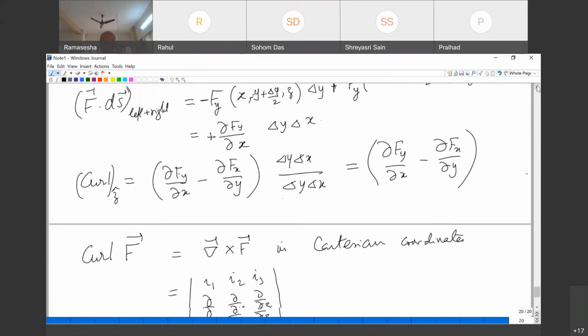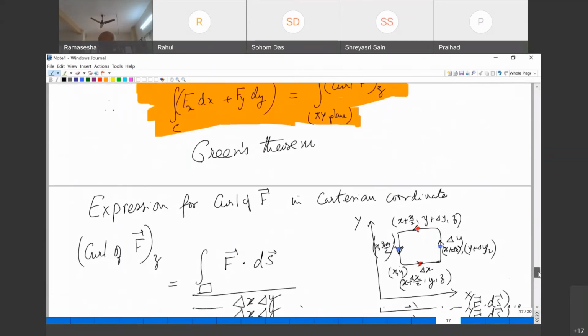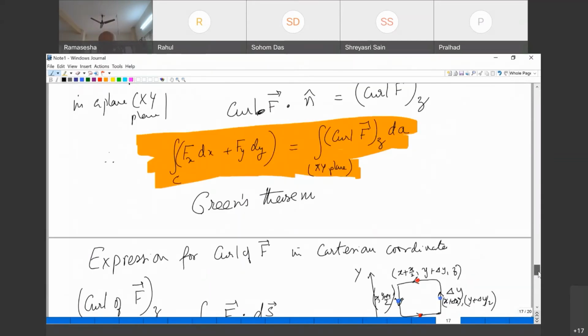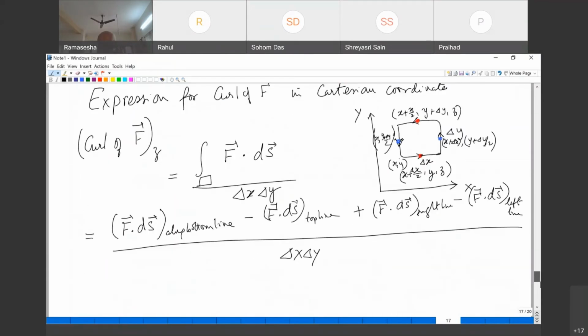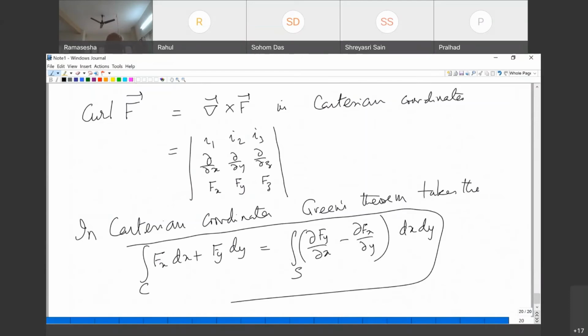The z component of curl f, which is the integral of del fy by del x minus del fx by del y dx dy. So this is the Green's theorem in a plane. This is a Stokes theorem in a plane, which is a Green's theorem. Any questions?